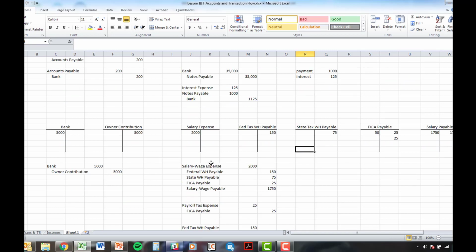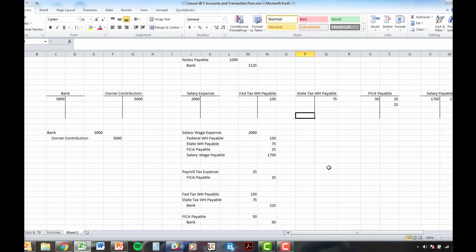For salary, like the example here, let's say the employee earned $2,000 during his pay period. So you'd recognize a salary wage expense for $2,000. You have a federal withholding payable for $150 right here. You have a state withholding payable for $75.